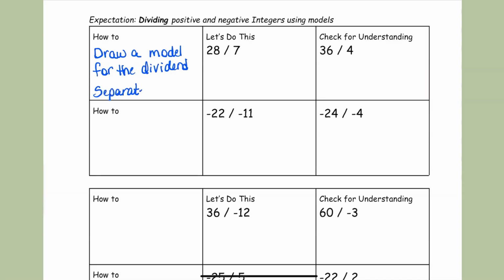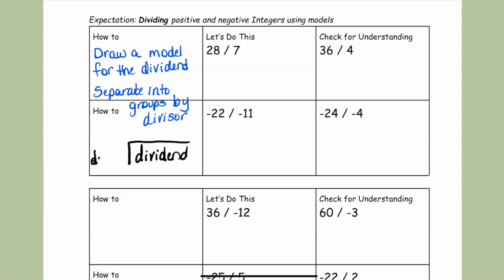Secondly, we're going to separate that dividend based on the number of parts that the divisor tells us to separate them into. So we're going to separate into groups by the divisor. Now remember, the dividend goes inside of your dividing bracket.